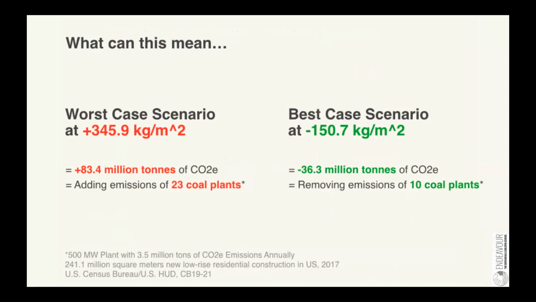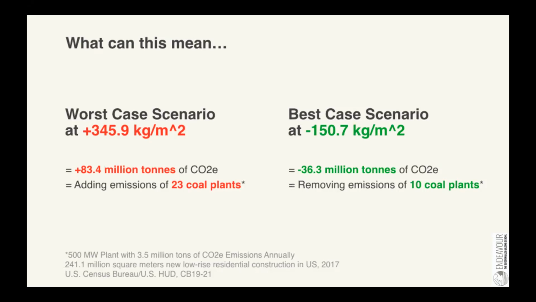There are a lot of buildings being built in exactly that way right now. So at 345 kilograms per meter squared, all the square footage of low-rise residential construction in the US would be adding 83 million tons of CO2e to the atmosphere, which is like adding the emissions from 23 coal plants annually.